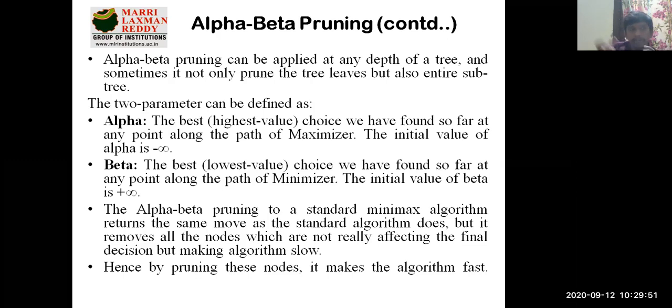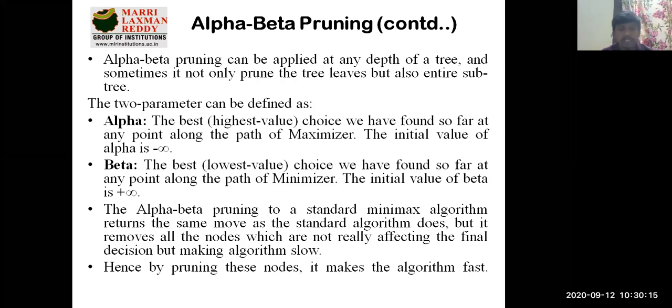Whenever you are given a tree, it sometimes visits the leaves with respect to the nodes. It not only eliminates or prunes leaves; if it is not required, a node can also be pruned. That's how alpha beta pruning reduces your time complexity. Let's try to understand what alpha actually is and what beta actually is.